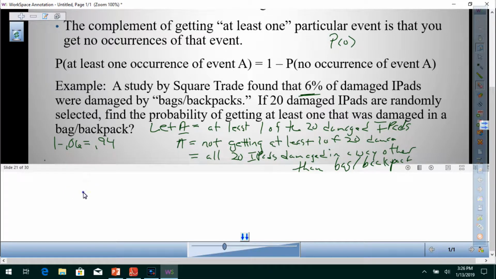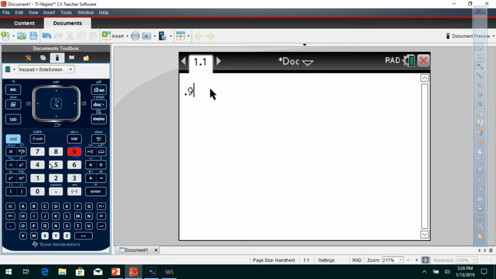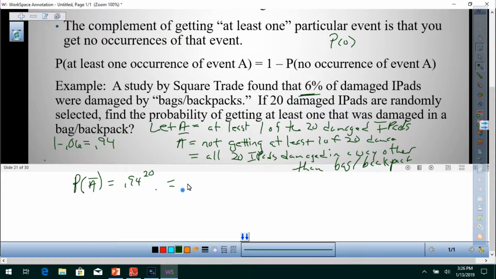The probability of the complement of A is going to be 0.94 times, and you could do that 20 times, or you could just say 0.94 to the 20th power. On the calculator, 0.94 to the 20th power is 0.290.